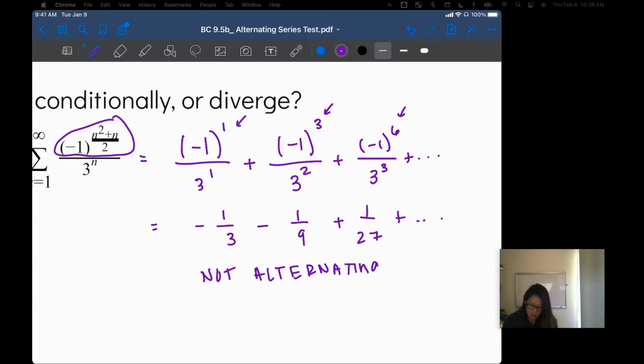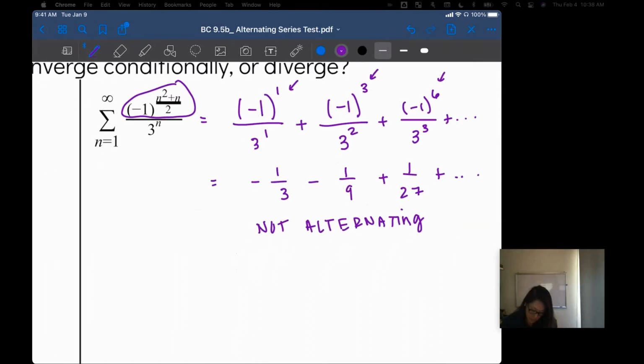So we can go ahead and see if the series is going to converge. We still can test to see if the series is going to converge conditionally or if it's going to converge absolutely. So if we take the absolute value of all of these terms, will this series still converge?